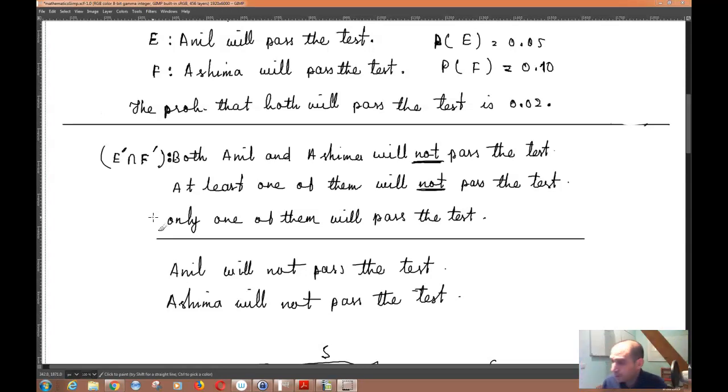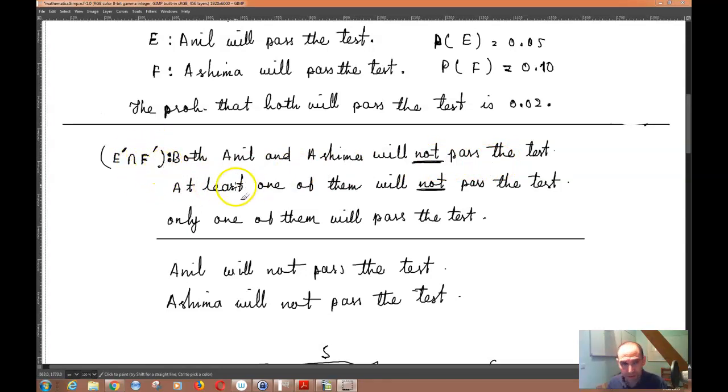Okay, so now here we said that the event that both Anil and the schema will not pass the test, will not qualify the examination, may be expressed as E prime intersection F prime.